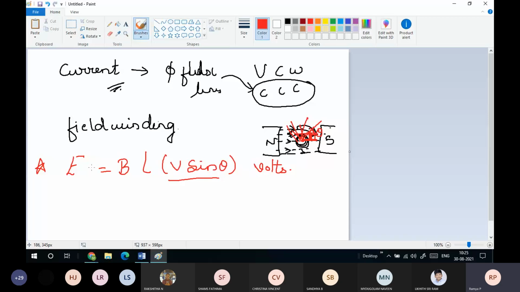If I vary the theta, when theta is equal to 0 according to this diagram, if the plane of rotation, meaning the conductor rotation, is parallel to the flux lines, that means my conductor rotation angle is here, my flux lines are also here, so both are parallel to each other, meaning they won't intersect at all, they won't bisect like this, right?